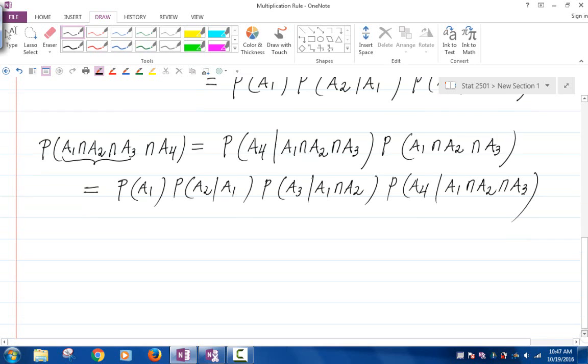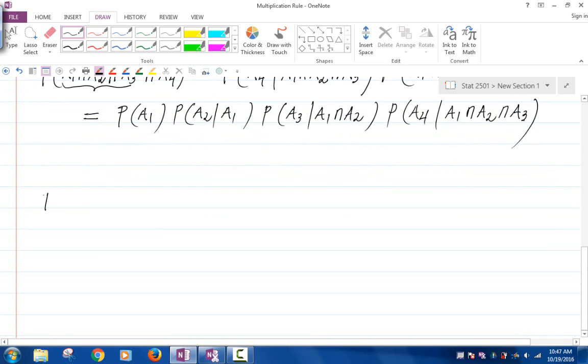One remark that I want to make is that a lot of the times when I get tired of writing the intersection sign, I might write A1, A2 to mean A1 intersect A2.